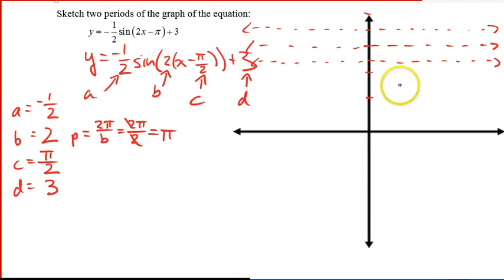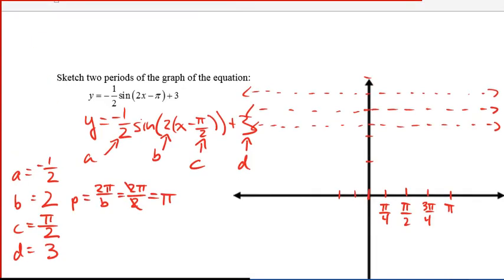Next, let's go ahead and look at our x-axis and make some tick marks. Now we know that the period of this is pi, so we always want to divide our period into 4 equal pieces. We want to quarter it. Well, a quarter of pi is just pi over 4, so we'll start here and make a tick mark at 0. We'll make this one pi over 4, giving us pi over 2, 3 pi over 4, 4 pi over 4, which is just pi, and we'll go ahead and go the opposite way.